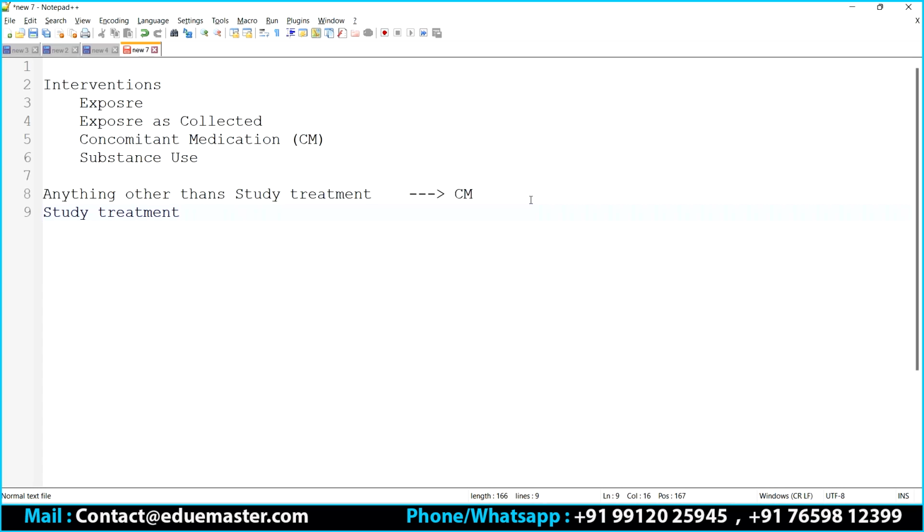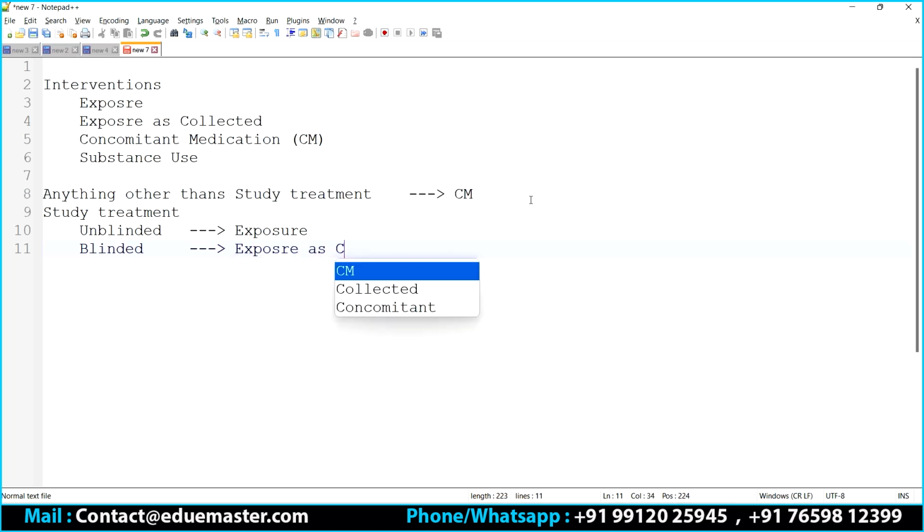For this, SDTM has defined 2 different domains. If we have unblinded treatment, then go with your exposure data. If you have blinded, that can be single blinded, double blinded, or triple blinded, you can go with exposure as collected. Correct? So this is what we have discussed.